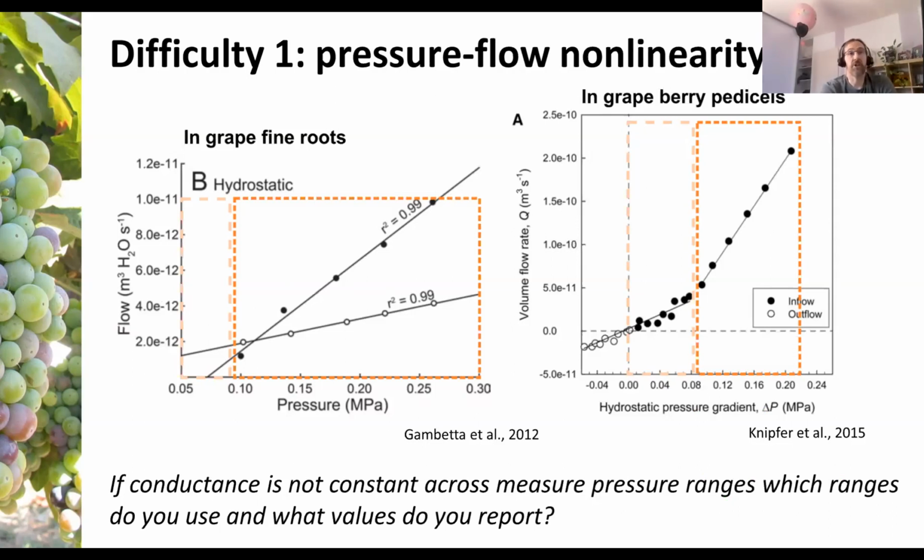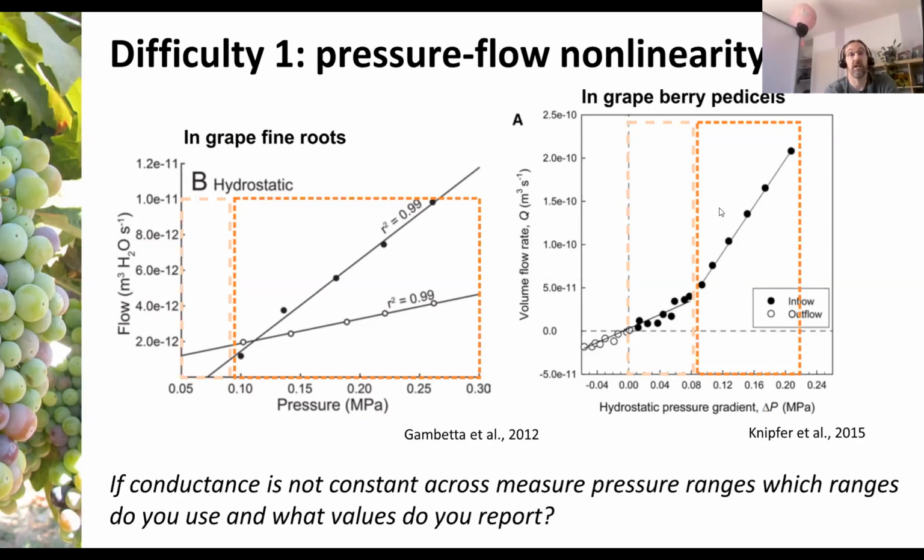And let's contrast this with the study in the graph on the right. This is a study that I was also a co-author on, but it was led by Torsten Knipfer, who's done a ton of work in roots and in other systems in hydraulics. Torsten is just a master in this stuff. Torsten was working on grape berry pedicels, which are pretty complicated structures, and he was looking at hydraulics in pedicels.